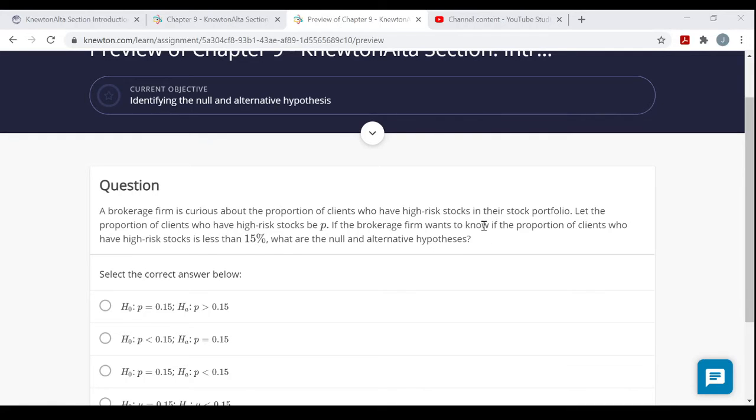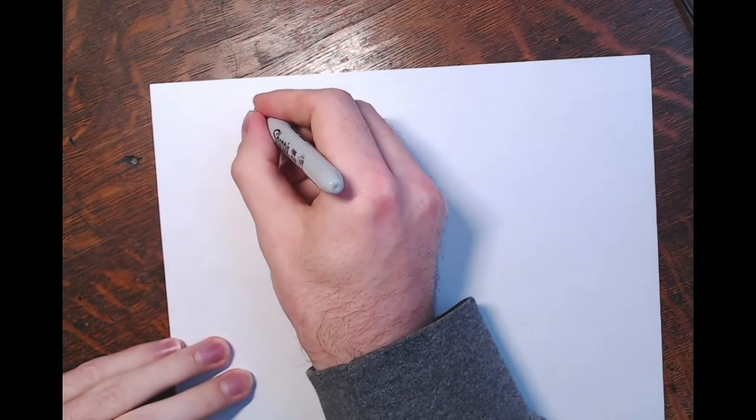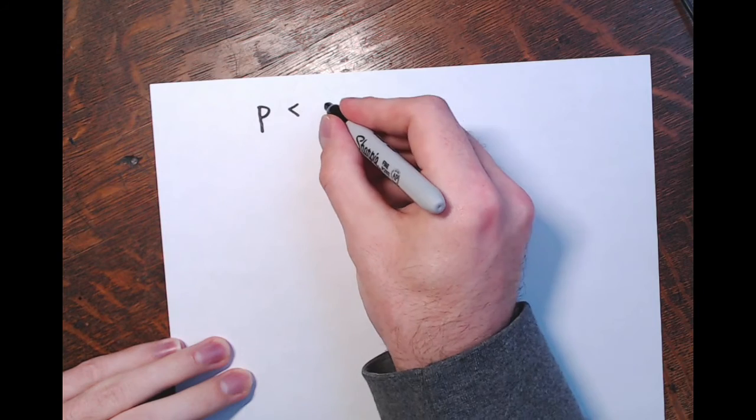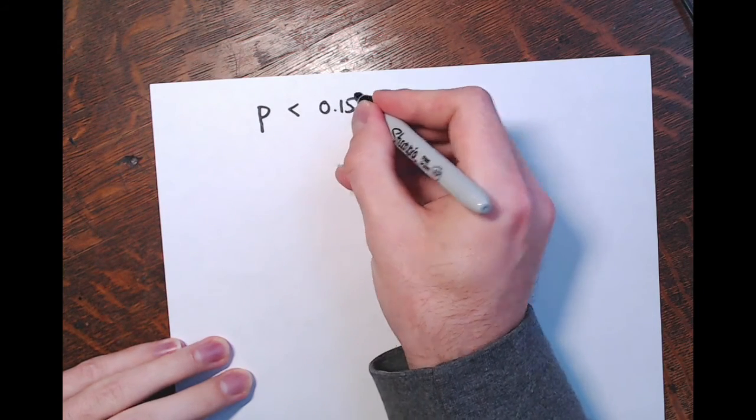All right. So I'm going to go to a piece of paper here. Again, P was this proportion of all their clients that have high-risk stocks. They want to know if the proportion who have high-risk stocks is less than 15%, so less than 0.15.